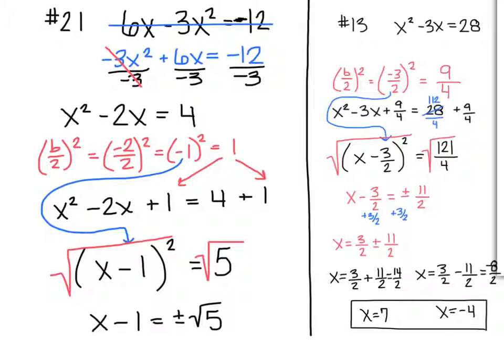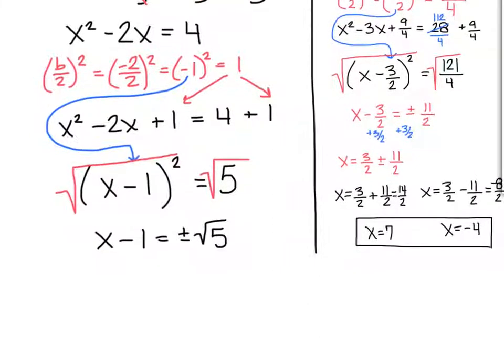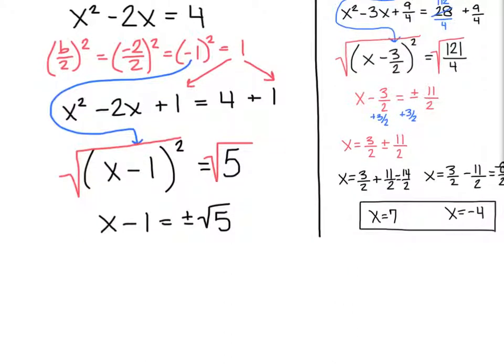Can we simplify square root of 5 any? No, not without going to decimals, and we prefer not to. Or I prefer you not to. So, leave it as plus or minus square root of 5. All right, what's next? Getting x by itself.